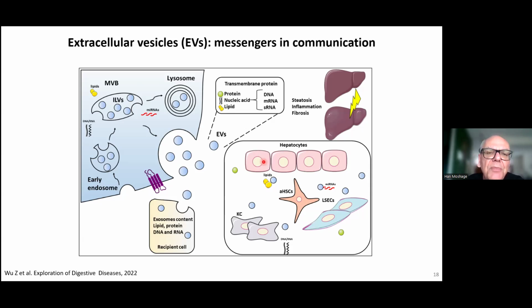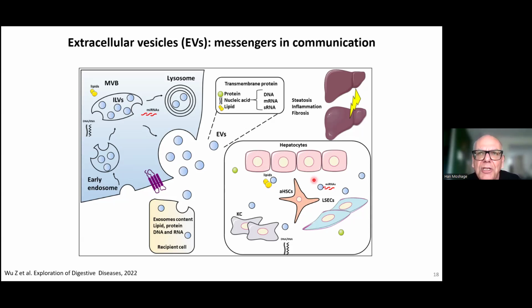What is very important to realize is that the content of these vesicles changes in the course of disease. So vesicles released from cells in normal conditions have a different content than when they are released from cells in a disease state.